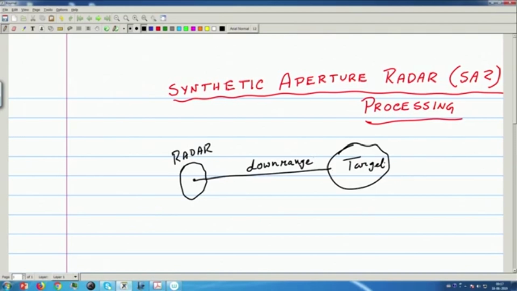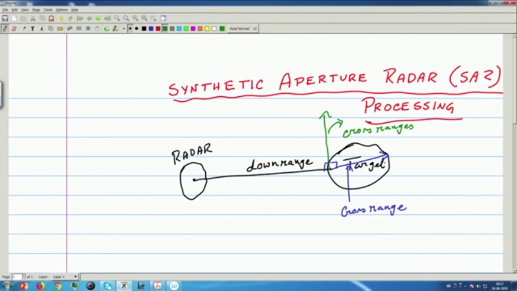To this down range there are two perpendicular directions. These two are called cross ranges. So, to every down range there are two cross ranges.